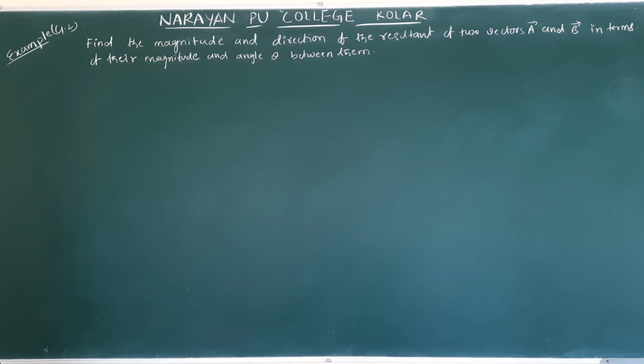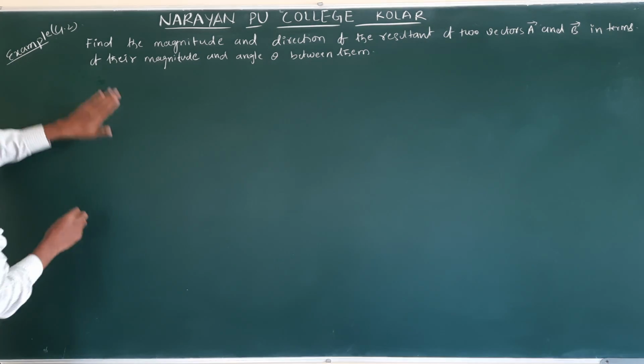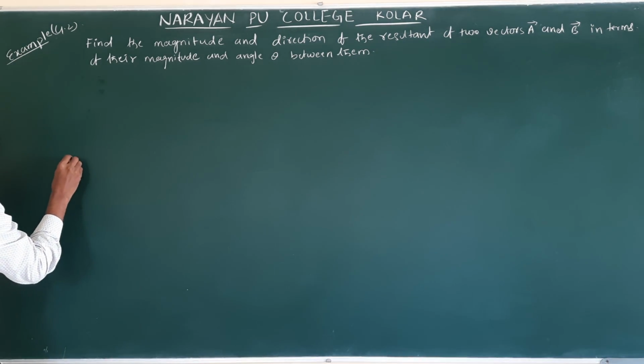Now we will follow the question. Clear? So what did they give? Two vectors A and B are given. They are acting from the same point with a certain angle. So here I am drawing.